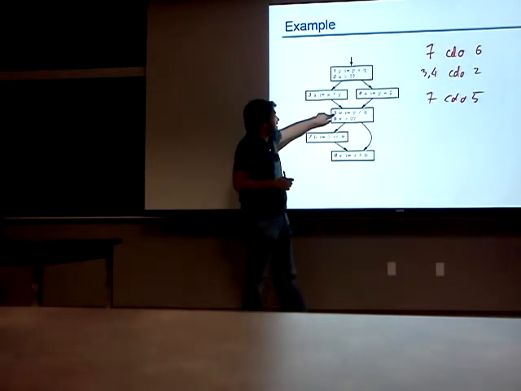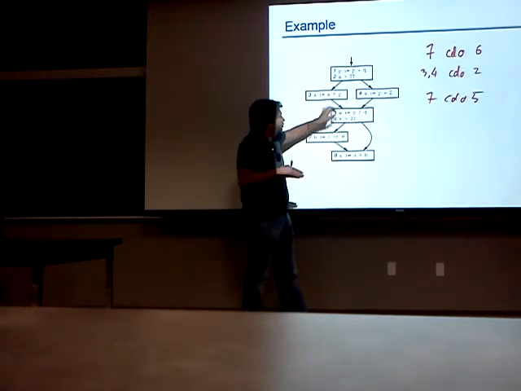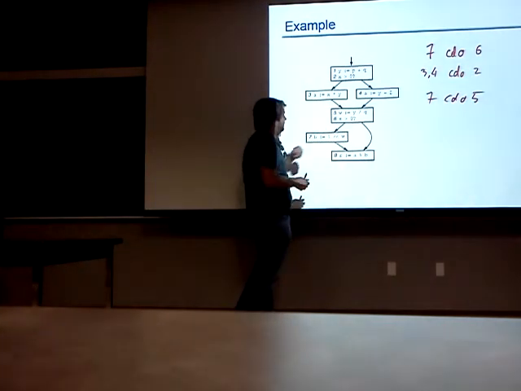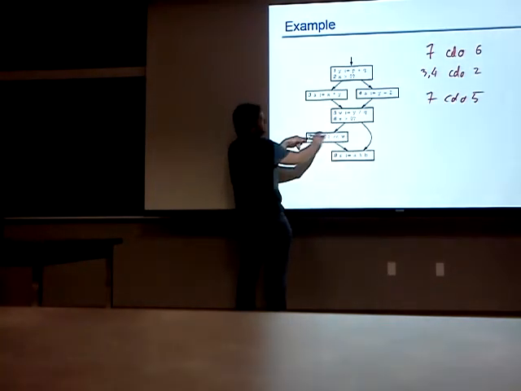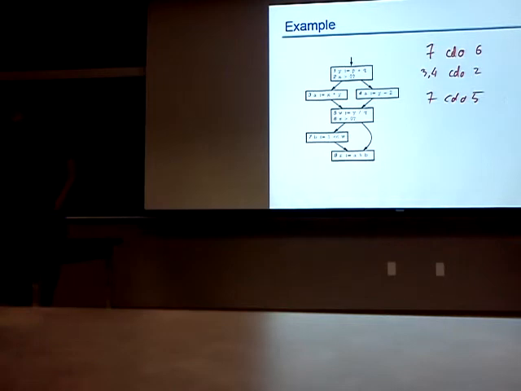The reason it's not is that 6 is not post-dominated by 7. You have to have every path right after this node be post-dominated by 7, and here it's not. But if there was another statement inside here, then all of these statements would be control dependent on 6.